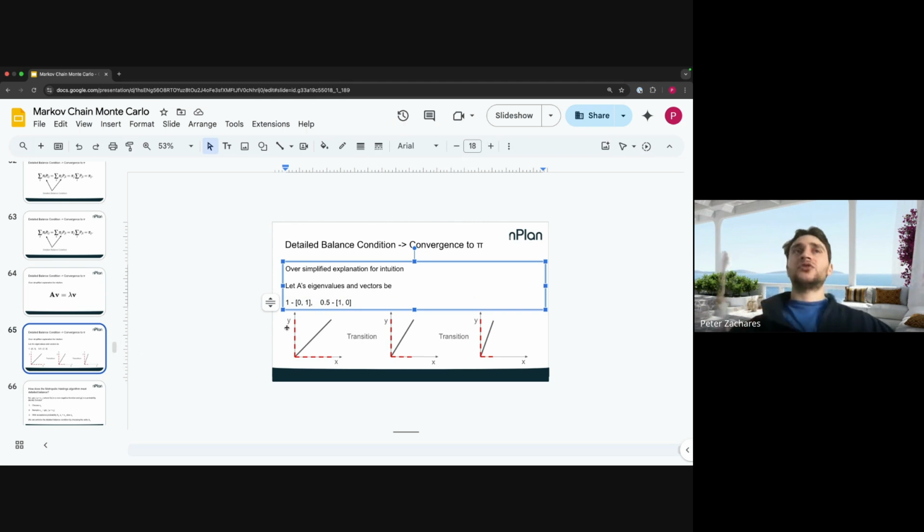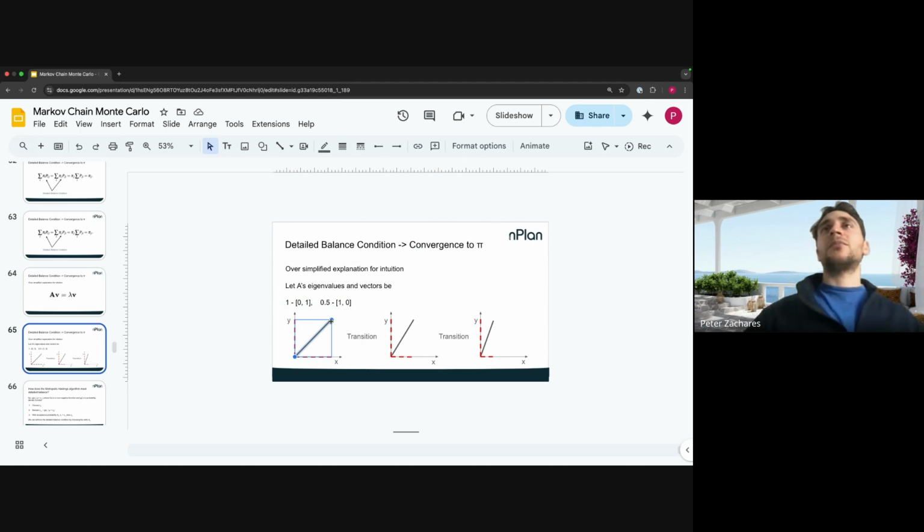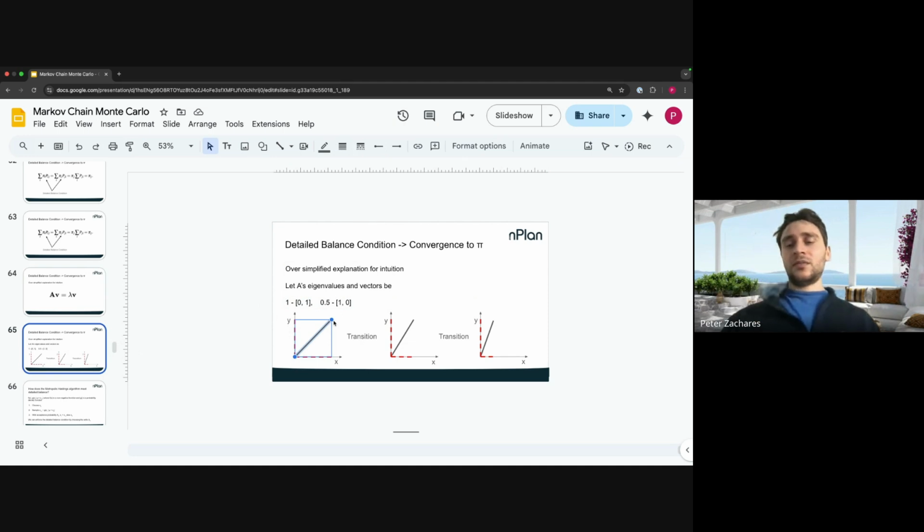Say you start at a point, like (1, 1). Every time you transition using that matrix, the component of your vector along one of the basis vectors, in this case (0, 1), is going to be multiplied by 1, and the other one is going to be multiplied by 0.5, and they're going to stay the same otherwise.